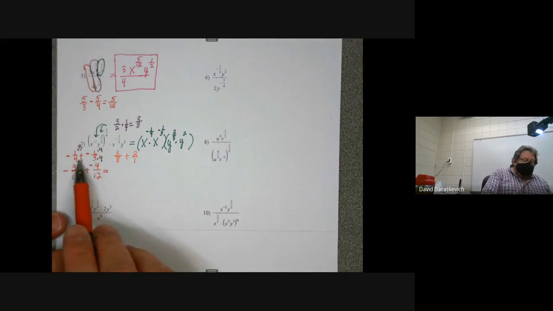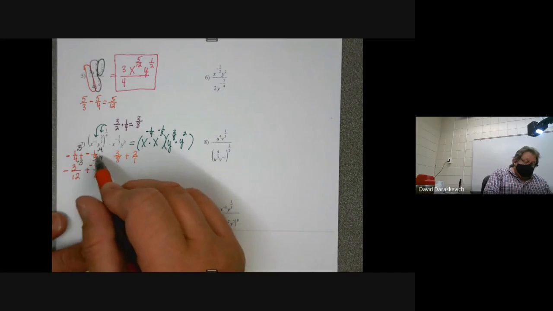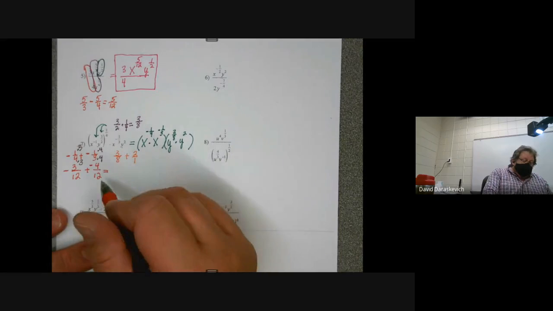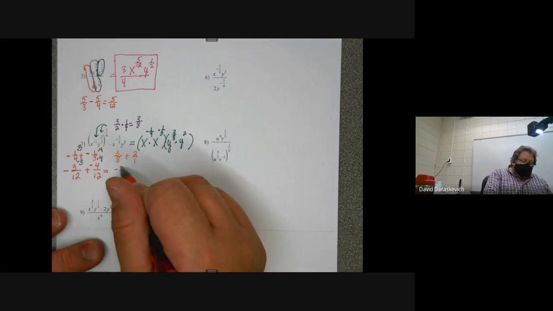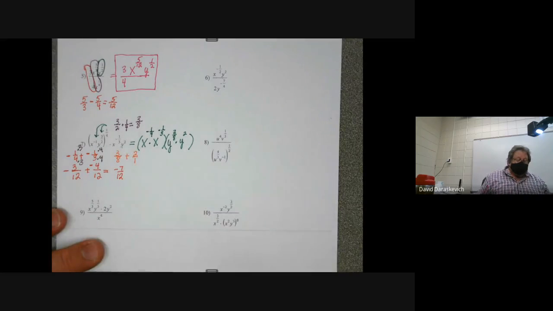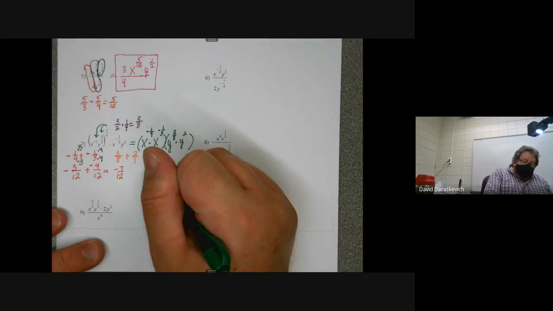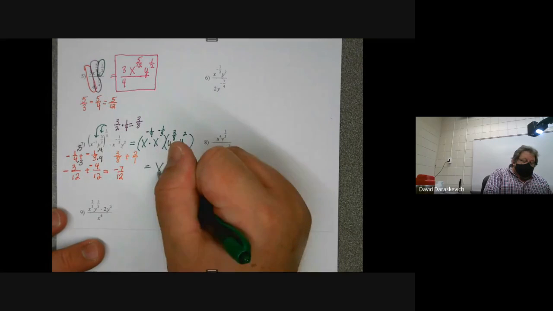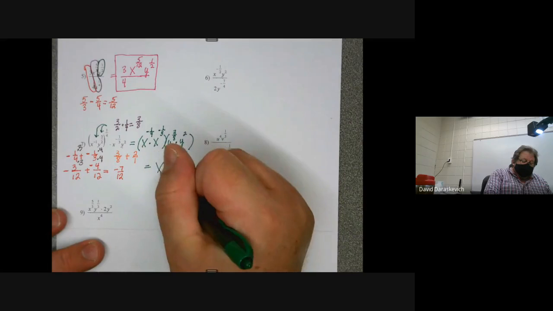Now, sometimes that works, sometimes it doesn't, because there might be a smaller one. Okay, so -3 plus -4 is -7/12. So I have x to the -7/12.